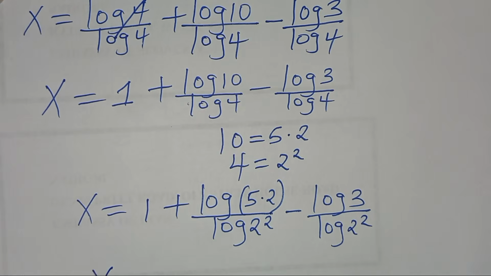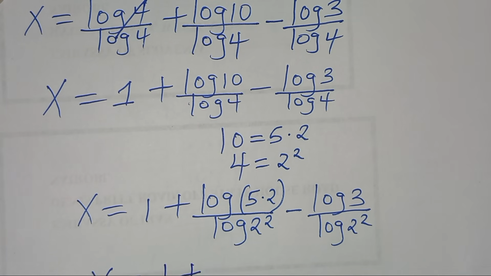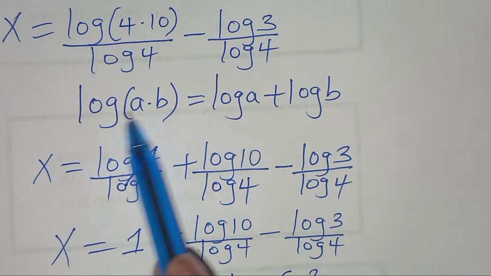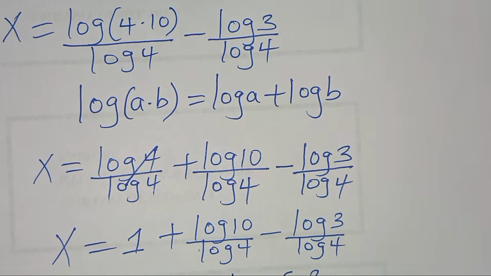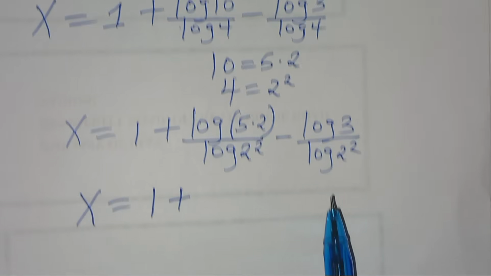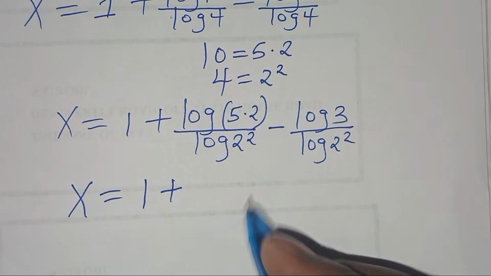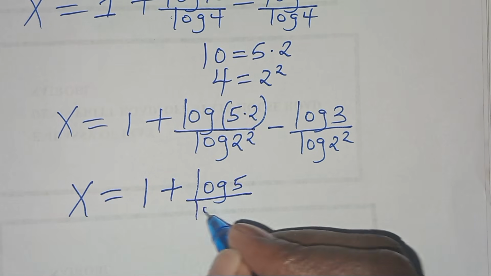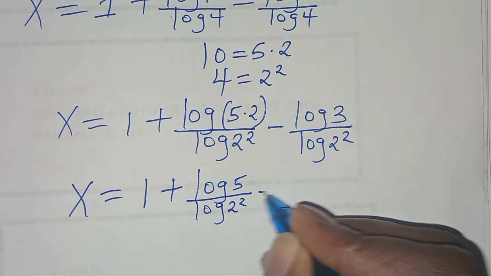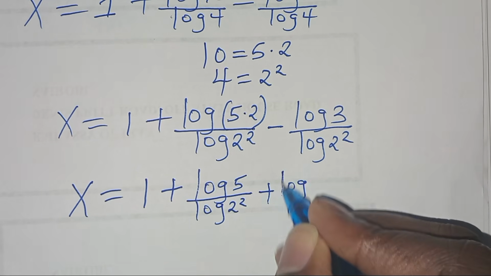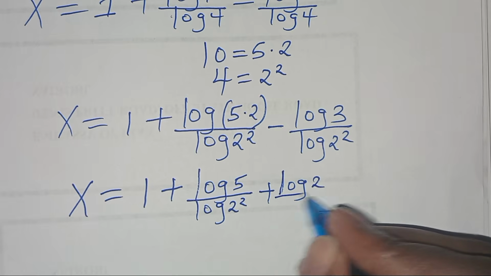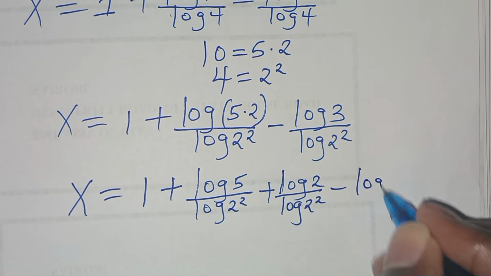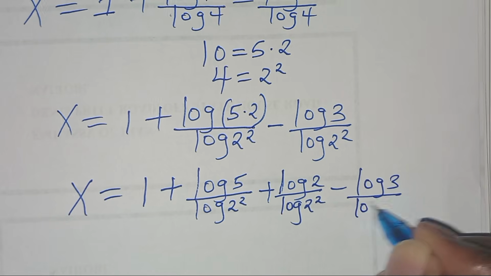So here we have x is equal to 1 plus, now log 5 times 2, this is in the form of log a times b, which you can express in this form. So that now, here we'll have 1 plus log 5 divided by log 2 to the power 2, then plus log 2 divided by log 2 to the power 2, subtract log 3 divided by log 2 to the power 2.